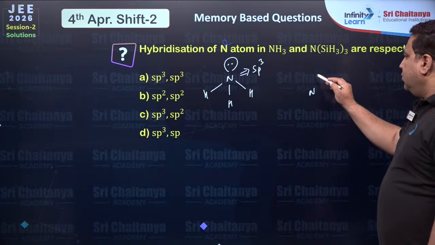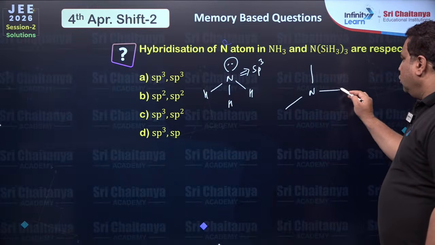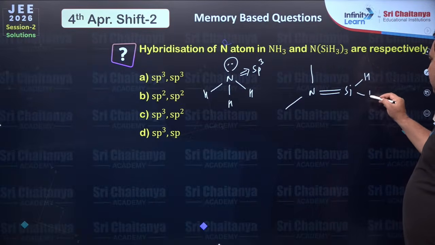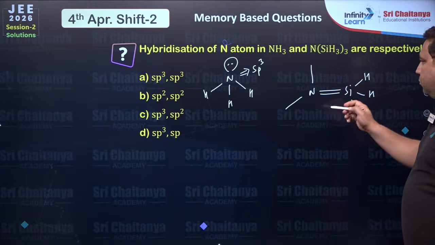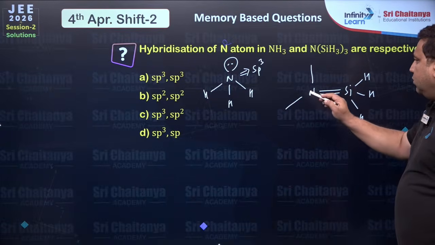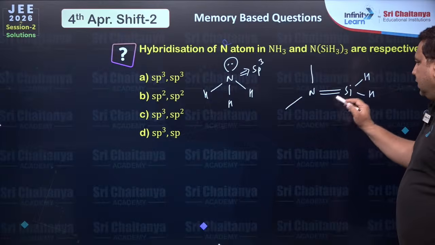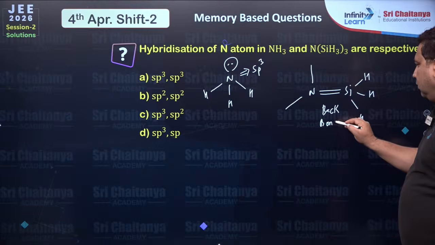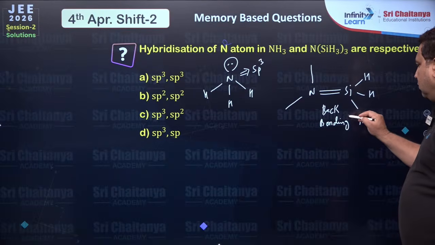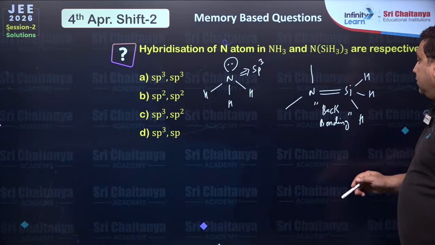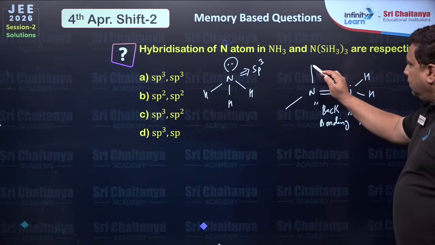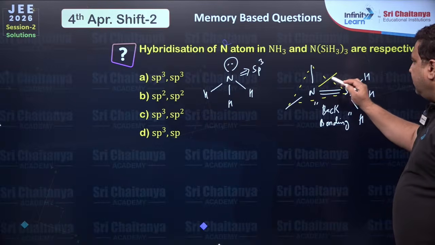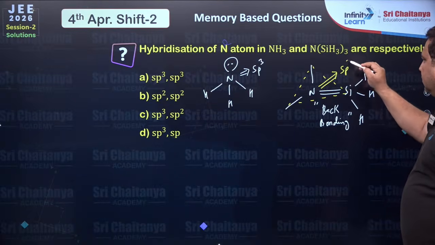In this one, everybody knows that due to back bonding, I am showing you one molecule, the lone pair disappears and this will become trigonal planar. This is BB. What is BB? Back bond. So you can see it is actually trigonal planar geometry and hybridization will be sp2.